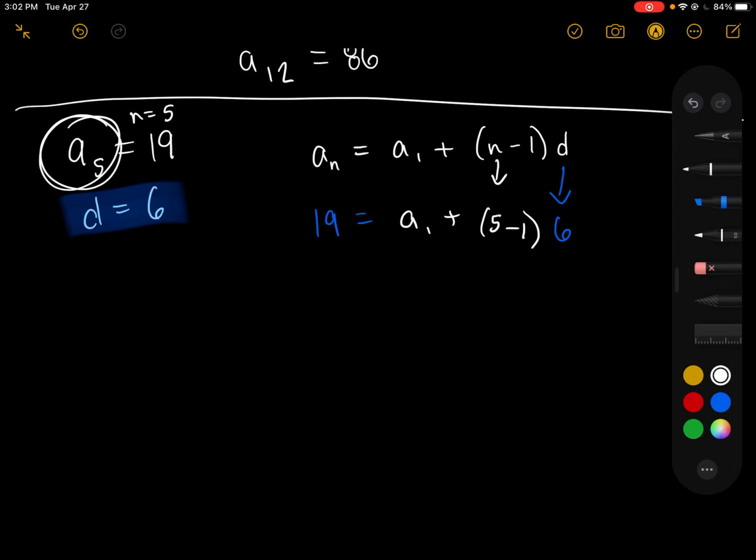We still don't know our first term, but I made a mistake. We are given our 5th term. So here, for our 5th term, n equals 5. So we're going to replace n instead with the 5. Sorry about that, team. So again, be careful. Don't make the mistake that I just made. This is saying this is our 5th term, but it's not equal to 5. So n does not equal 19, n equals 5 here for our 5th term. Some error analysis, so some good things and some bad things from that mistake. Hopefully that'll prevent you from making a similar mistake now that you can see it.